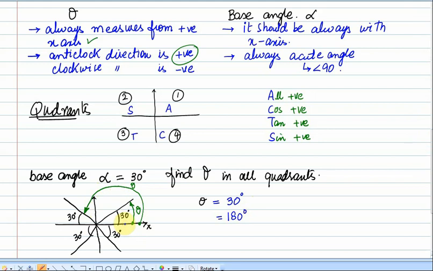Starting from this point until this point, this angle is 180. But we don't need that 30 part because we are looking for the green marked angle. So theta for the second quadrant is equal to 180 minus 30. It's 150 degrees. That is theta for the second quadrant, right?